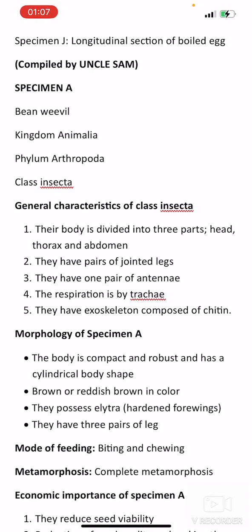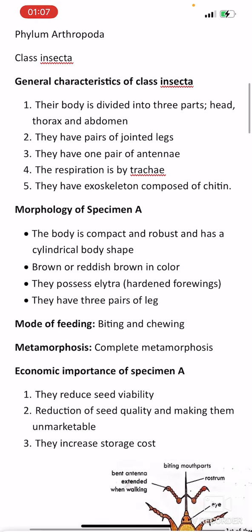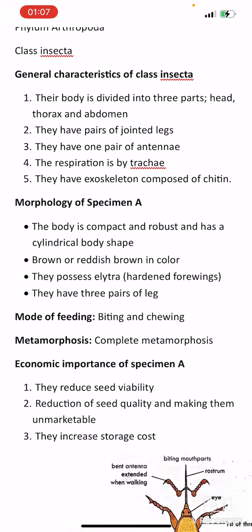So now let's move to the morphology of Specimen A. When I'm talking about morphology, I'm talking about the observable external features of Specimen A. We can see that the body is compact and robust, and also has a cylindrical body shape.